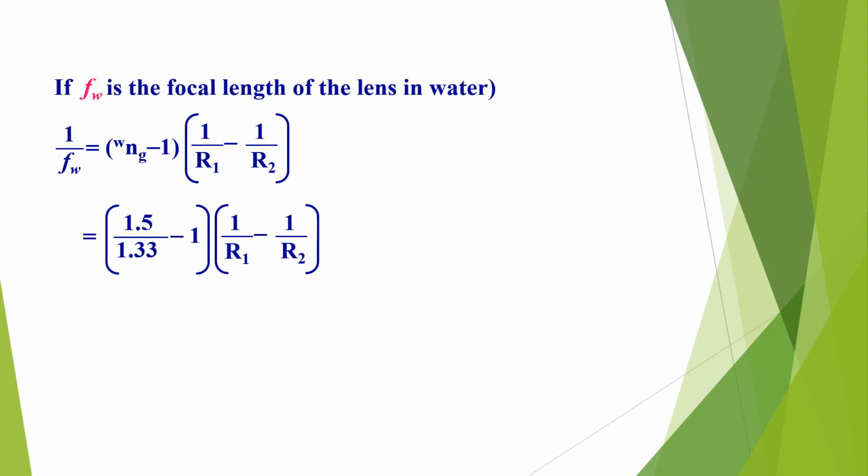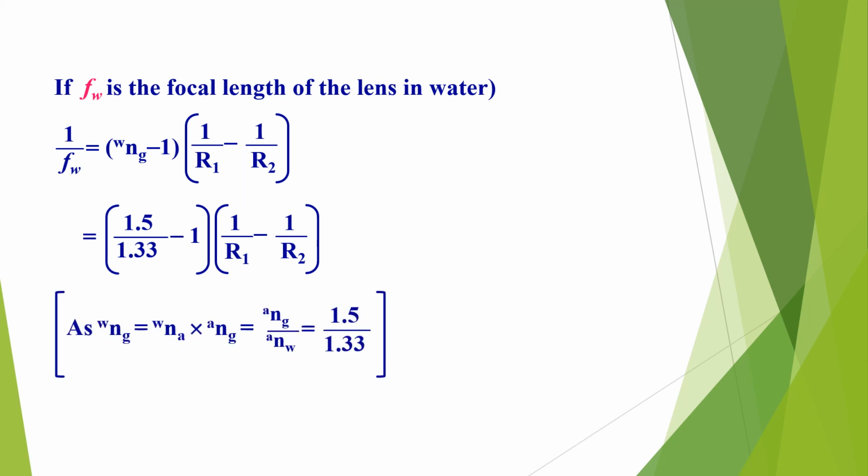That is equal to Ng divided by Nw minus 1 multiplied by 1 by R1 minus 1 by R2, where Ng is the absolute refractive index of glass with respect to vacuum, that is 1.5, and Nw is 1.33, which is the absolute refractive index of water with respect to vacuum. So the expression becomes 1.5 divided by 1.33 minus 1 multiplied by 1 by R1 minus 1 by R2.